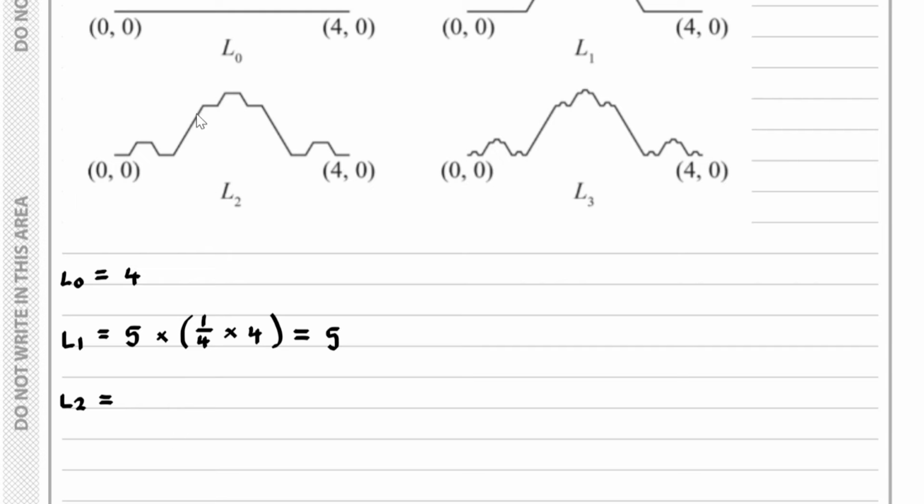So this length and this length have a length of 1/4 times by 4. But then we've got 2 of them. So we've got 2 times by 1/4 times by 4. And then what we have is these other pieces.